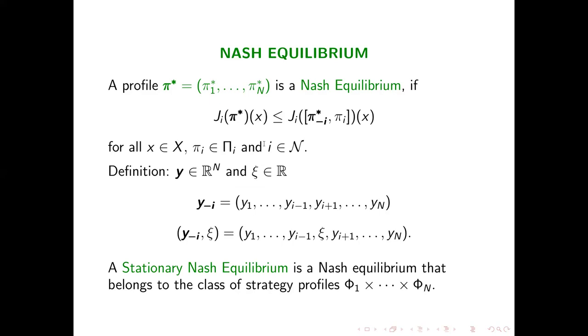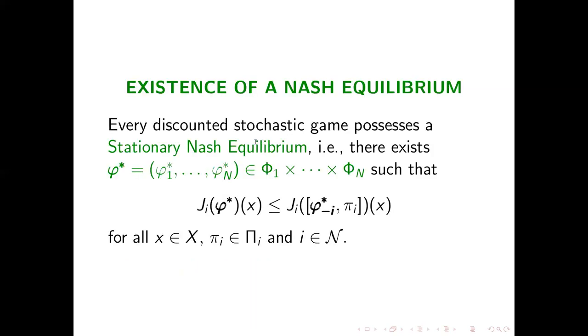And now we have the first theorem: every discounted stochastic game possesses a stationary Nash equilibrium, which means there exists a profile of stationary strategies phi star such that this inequality holds for every initial state x, for every player i, and every strategy pi i of player i.